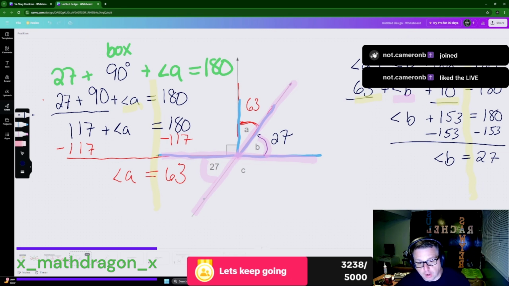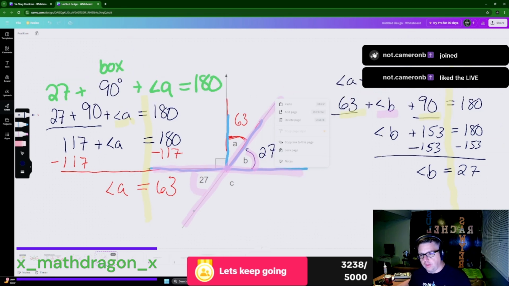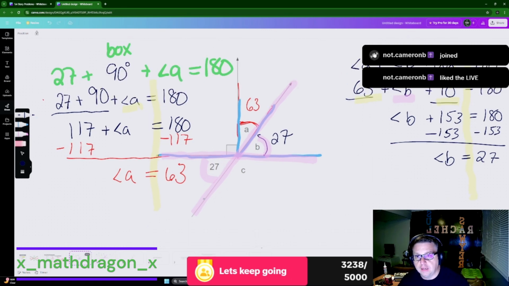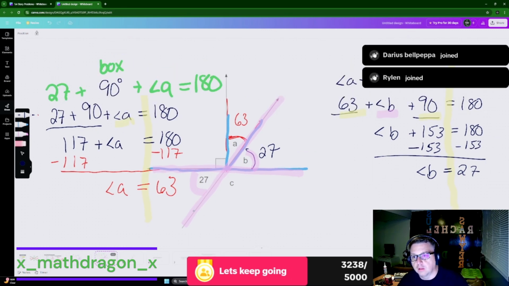So if we were to write, actually let's do this. Let's Control C, Control V. Let's do this. So I have all of this right here. Let's take a look and clear all of this out.